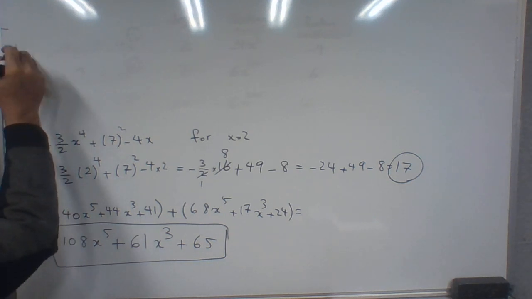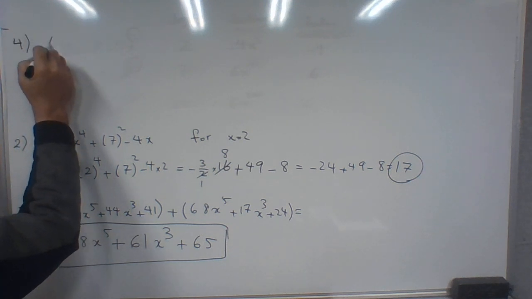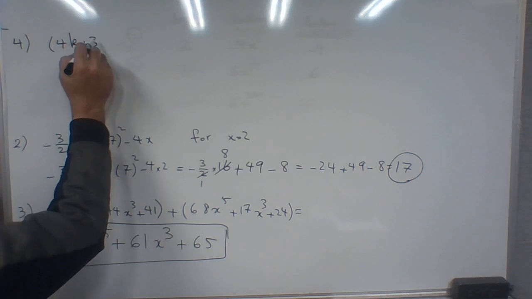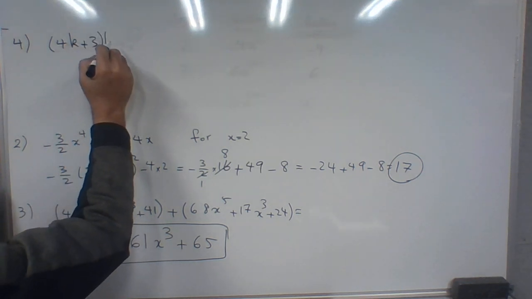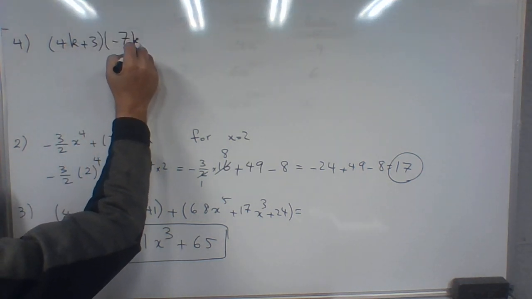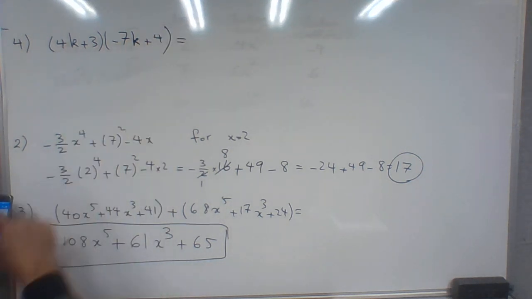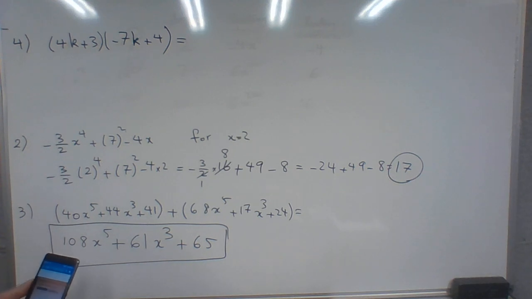So, number 4, 4k plus 3 times minus 7k plus 4. I don't know what the FOIL is. It should be a rule, but I teach you how to multiply these.